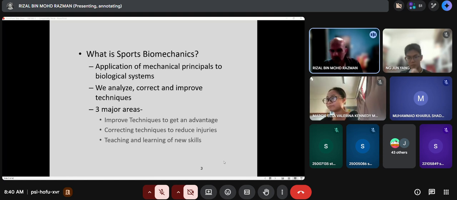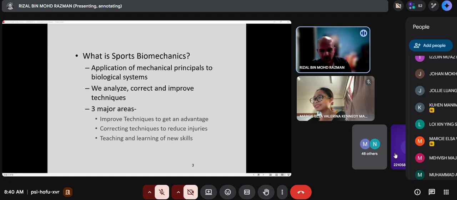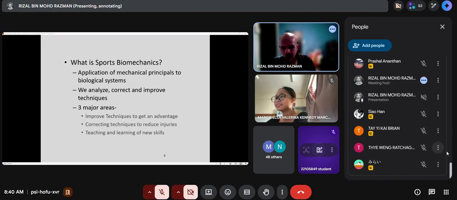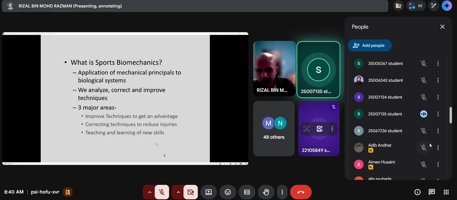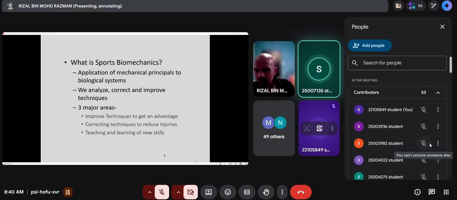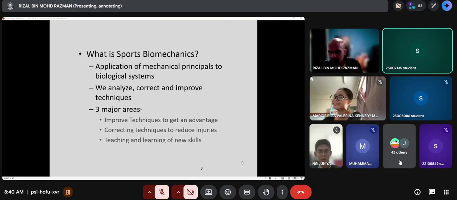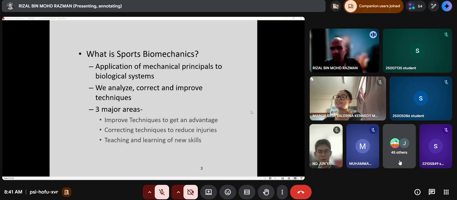Anyone know how to see the whole list instead of your pictures? On the right hand side of the tab, it indicates 40 something others, and then you just click that. Okay, I got part of it.